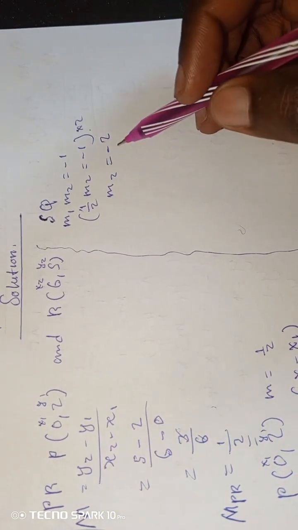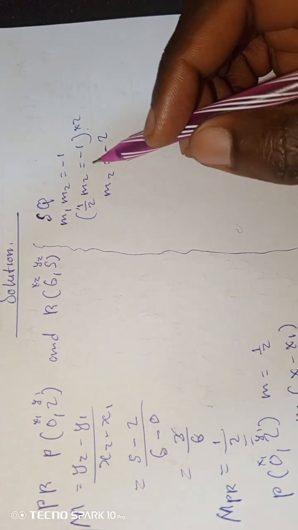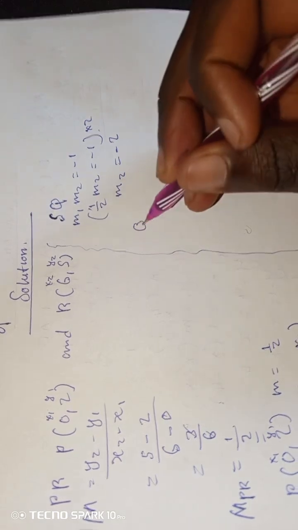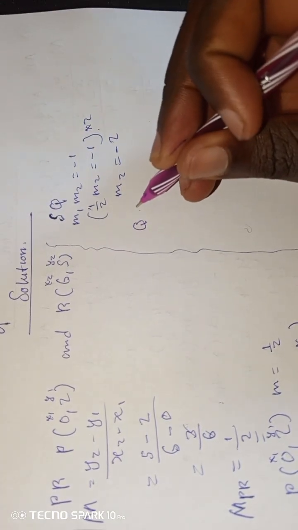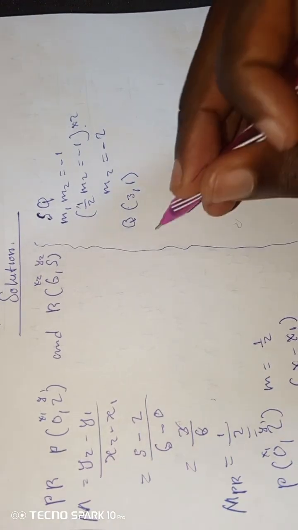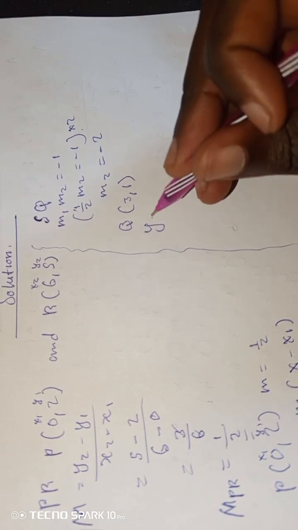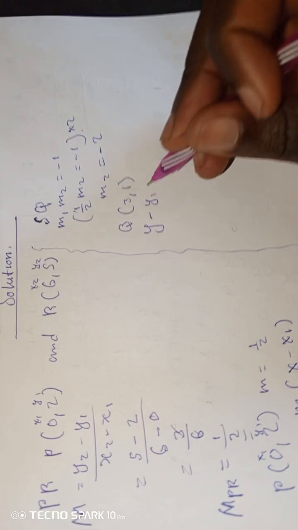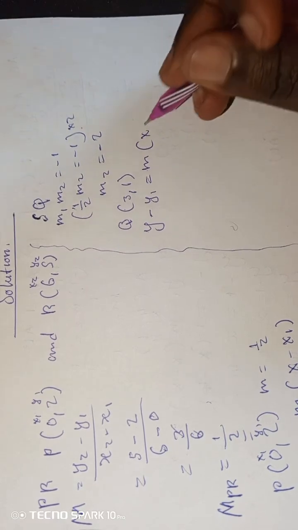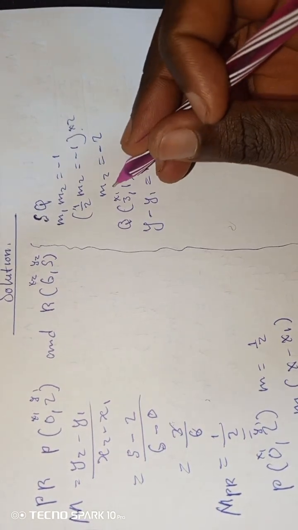So now we have the gradient for SQ. How do we find now the equation? We use the coordinates for Q, which is 3, 1. So write this formula for finding the equation, which is y minus y1 equals m open brackets x minus x1. This will be my x1, this will be my y1.